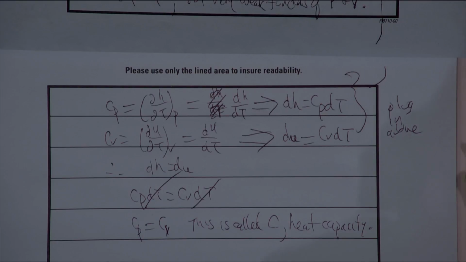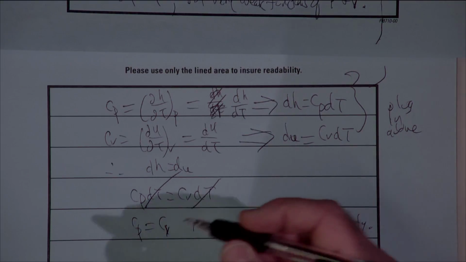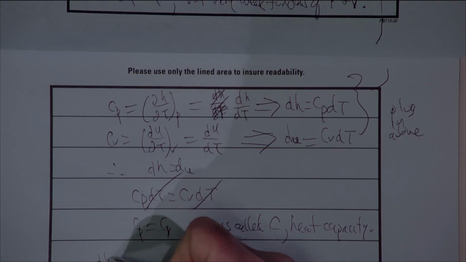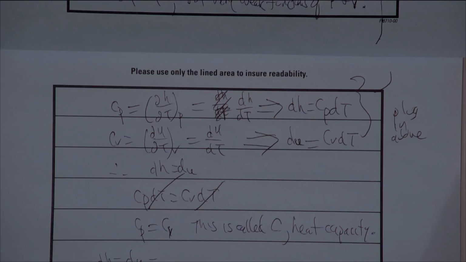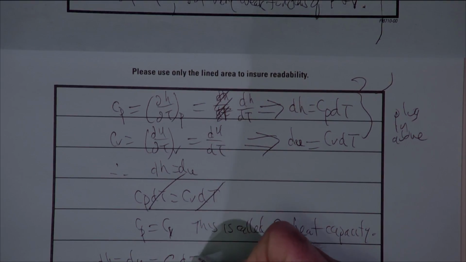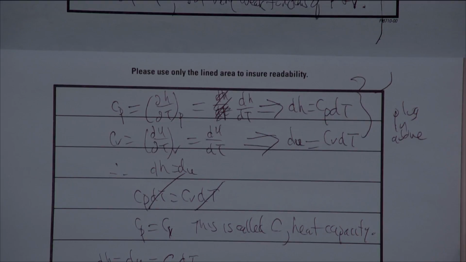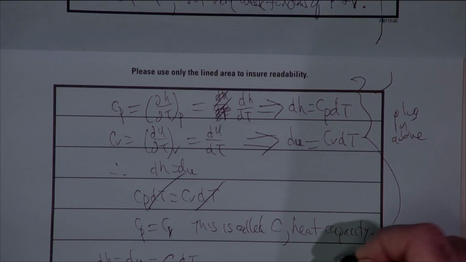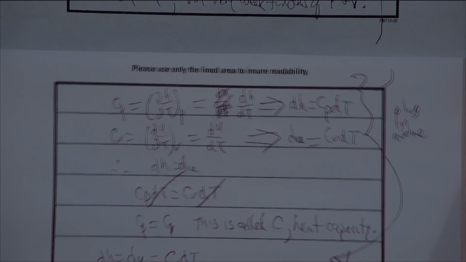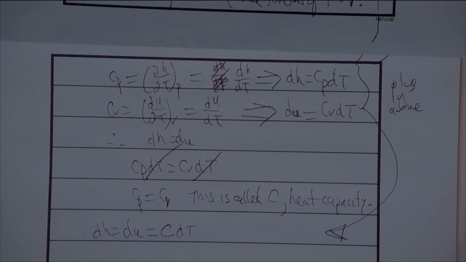Okay. So with this in mind, now let's go back to our basic equations. We know that dH is equal to dU, which is now equal to just the heat capacity times dT, right? And this just comes from directly above here. So we know that dU and dH are the same.